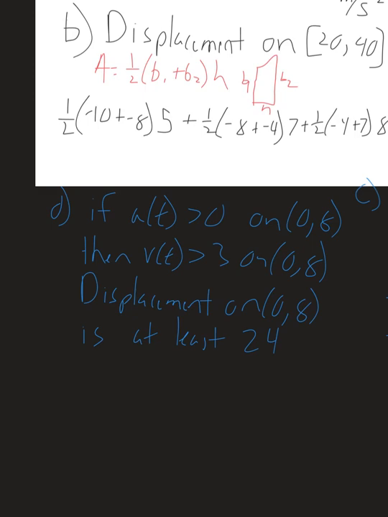Because if we're going at least 3 meters per second for 8 seconds, that's at least 24 meters covered. And then our initial position equals 7, so 24 plus 7 equals 31. And there we go.